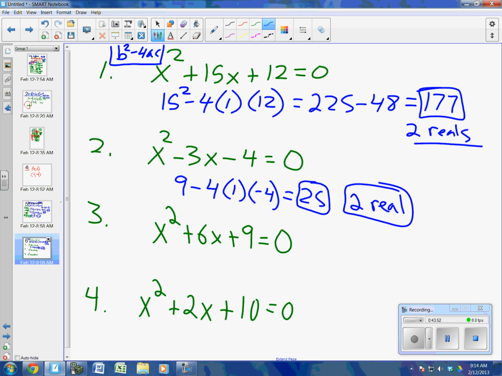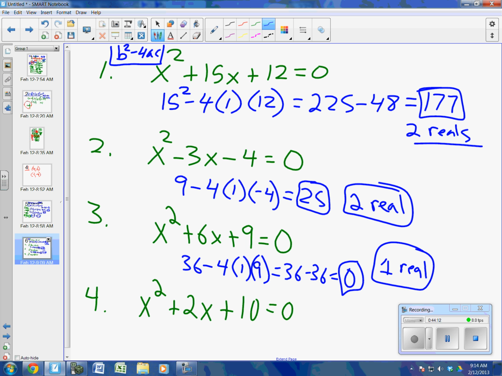The next one, b squared is 36 minus 4 times 1 times 9, which is going to make 36 minus 36, which is 0. So there's 1 real solution, because that's a parabola where it sits right on the x-axis, right? The vertex.